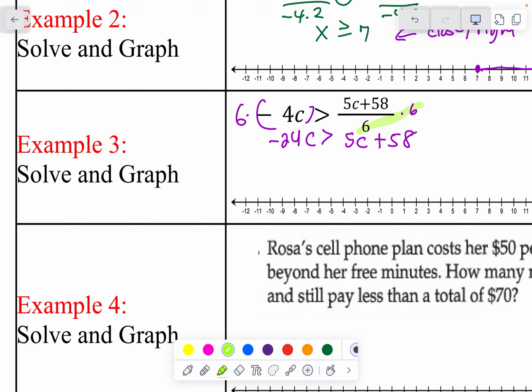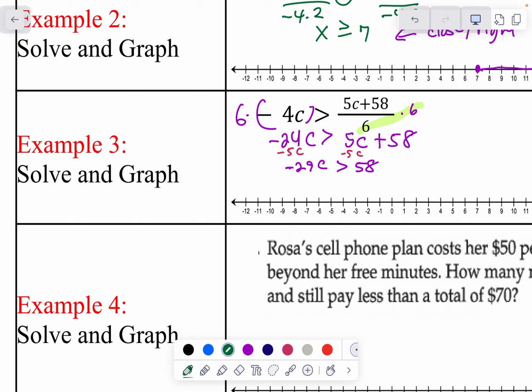Next, I would probably want to get the c's together. So why not subtract 5c from both sides? We get negative 29c is greater than 58. I still didn't multiply or divide by a negative. Subtraction isn't the same. So the symbol is still a greater than.